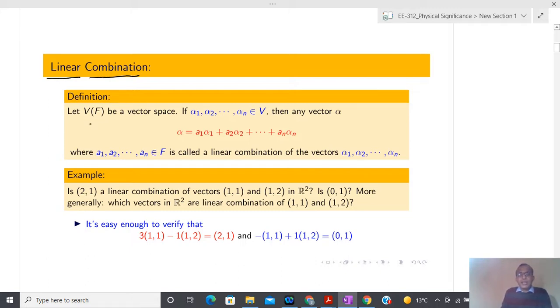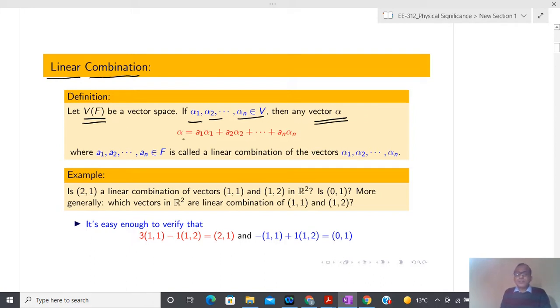So, in order to define the linear combination, I have some kind of vector space, meaning I have vectors. I am not caring what kind of vectors I have now; any column vectors, matrices or functions I am going to consider. Suppose alpha 1, alpha 2 and alpha n are elements of this space, and I have to represent some vector alpha in the same space.